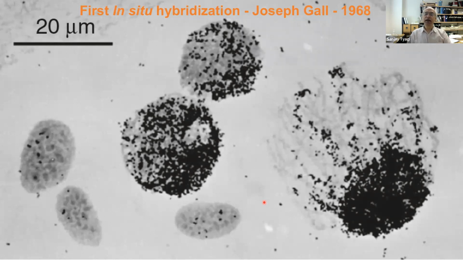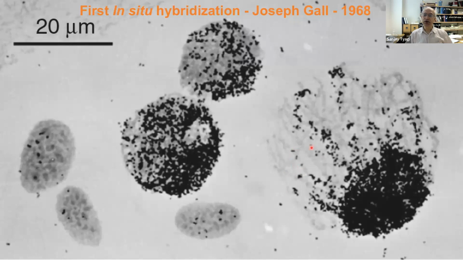And so he would basically take frog eggs, denature the DNA, and fix the eggs with formaldehyde. After denaturing, he would add this radioactively labeled ribosomal RNA, and then wash the excess of these probes and image by adding a photographic emulsion, and you get an image like this.